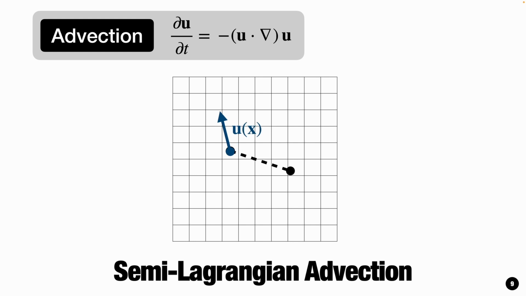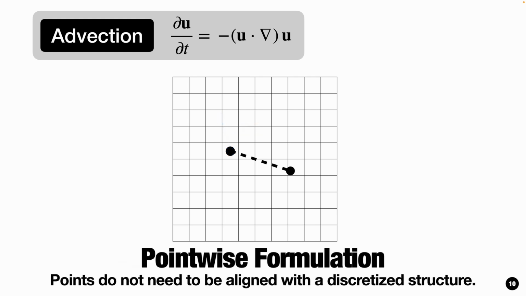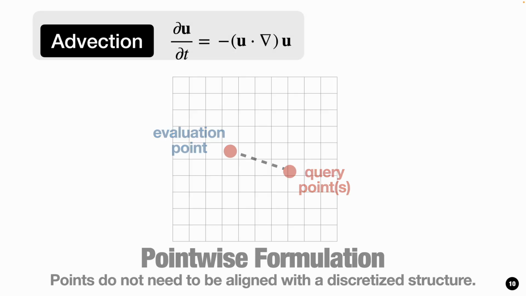While using semi-Lagrangian advection is a very common technique, we emphasize here that this is a pointwise formulation. We can independently evaluate the updated velocity at any spatial point we are interested in, which is not necessarily aligned with, for example, a grid cell, assuming we can likewise query the velocity estimates from the previous step at any spatial point.